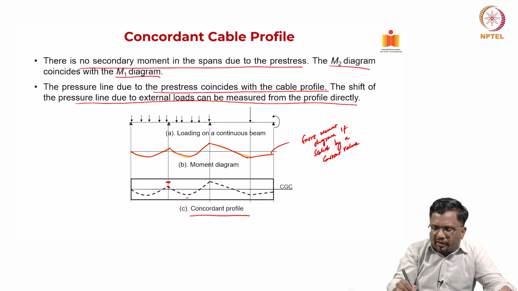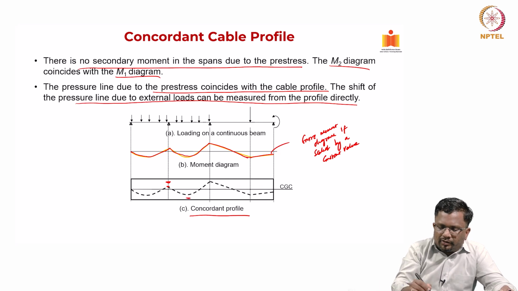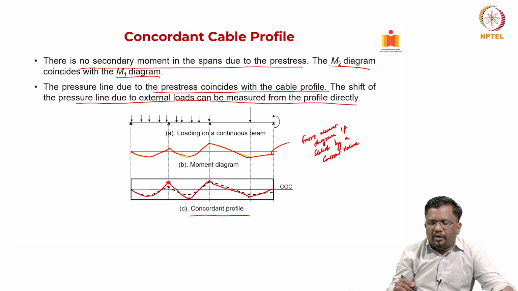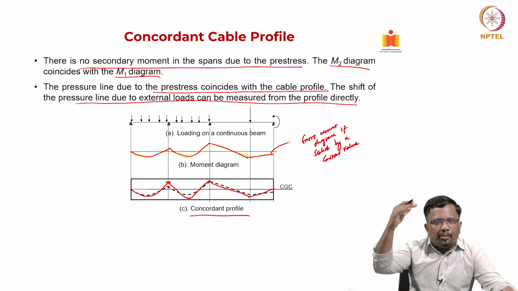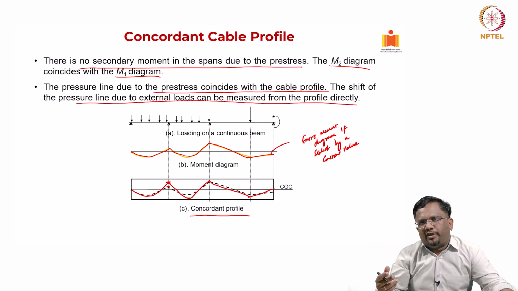Similarly, for mid span, I can have this kind of a design. So, actually I can go like this, and then I can go like this. This would be a more effective design, but the black dashed line is not really following the maximum eccentricity that is possible in each span.